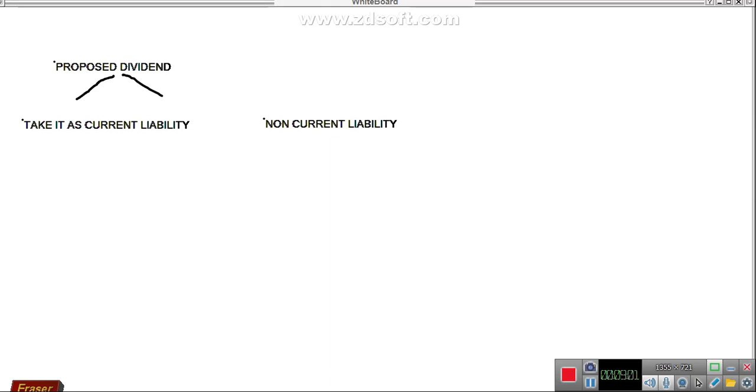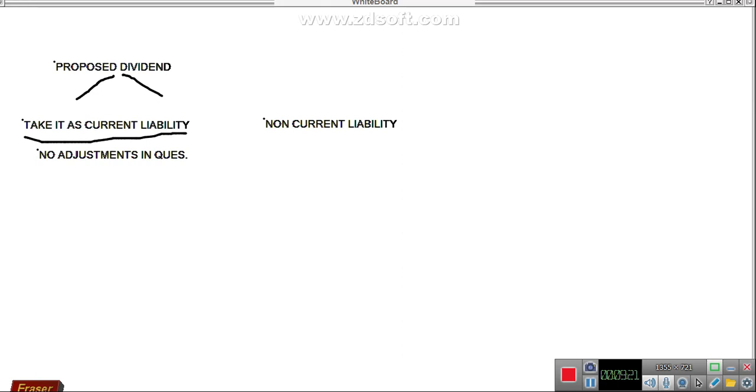If you are going to take it as a current liability, then in this case please check there should be no adjustments in the question. Only then can you take it as a current liability. But if you are taking it as a current liability, treat it as a current liability itself.